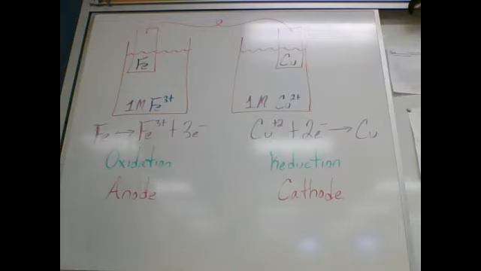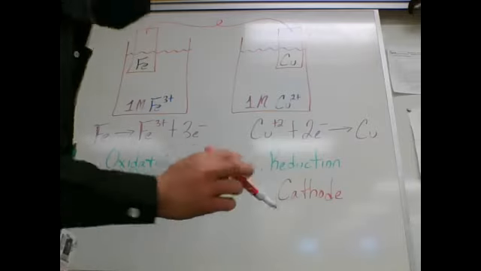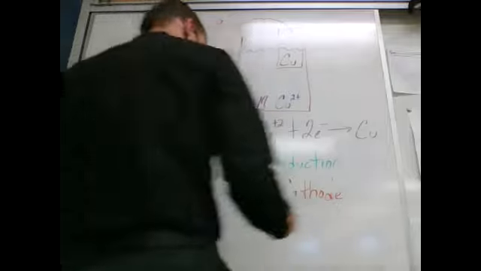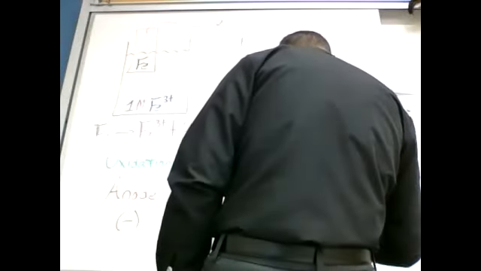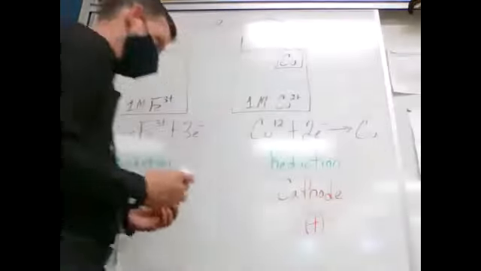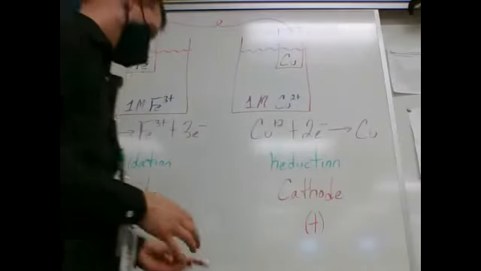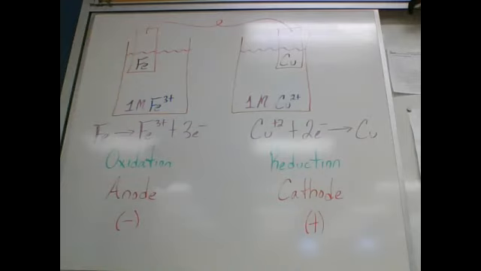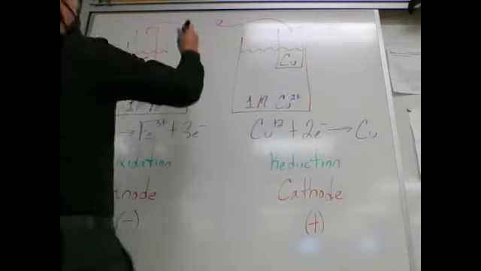Label the charges. Anode negative, cathode positive. Electrons will flow from anode to cathode through the wire.